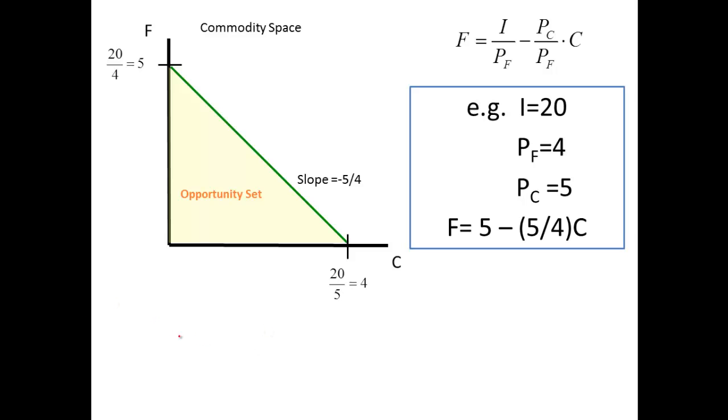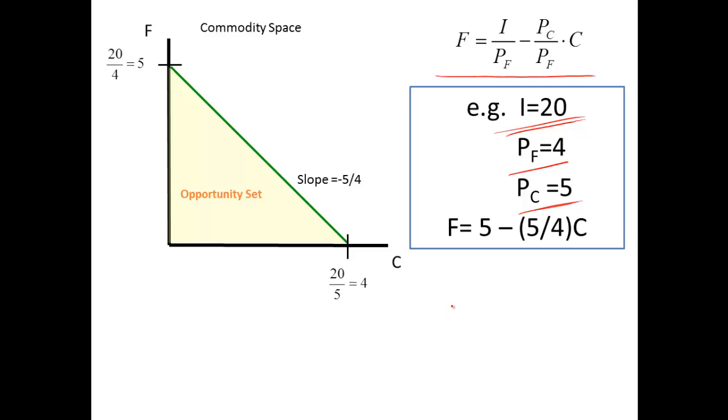So here it is illustrated, the particular example. If we start just by writing it in this slope-intercept form, F equals I over PF minus PC over PF times C. So for example, if the amount of money available to spend is 20, and food costs 4 per unit, clothing costs 5 per unit, then, well, we can plug in or we can talk about it. Let's do both. So first of all, how many units of F can the individual purchase if he or she spends all their income on that?